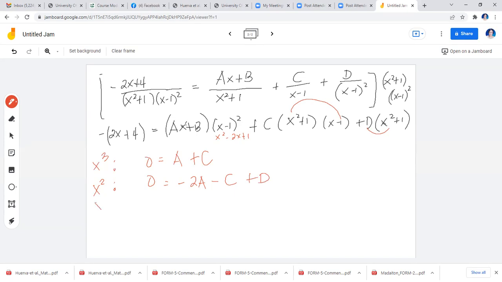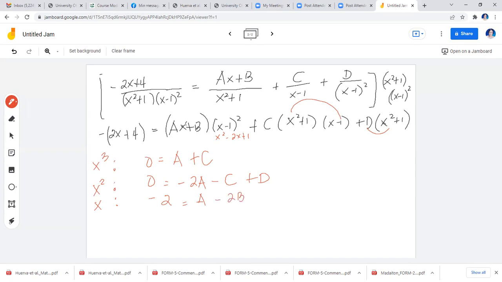Then I'll go to the x. Now this time in the left side, for the x, I have already negative 2. You see that? Negative 2. In here, I will have 2x. This ax times 1, so that would be a for the x. And then this one, negative 2x times b, that would be negative 2b.